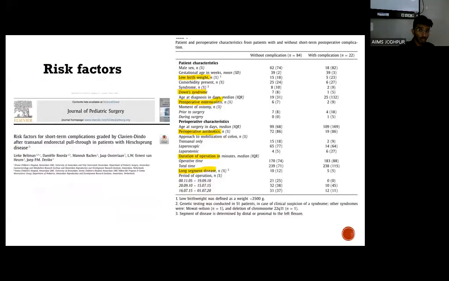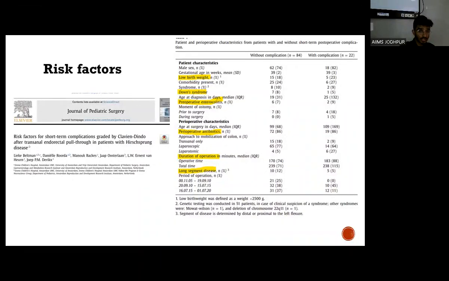Before coming to complications, let us discuss some of the risk factors which are associated with these complications. For example, from this study, which was mainly done in the case of transanal endorectal pull-through, the risk factors associated with the short-term complications of the procedure.